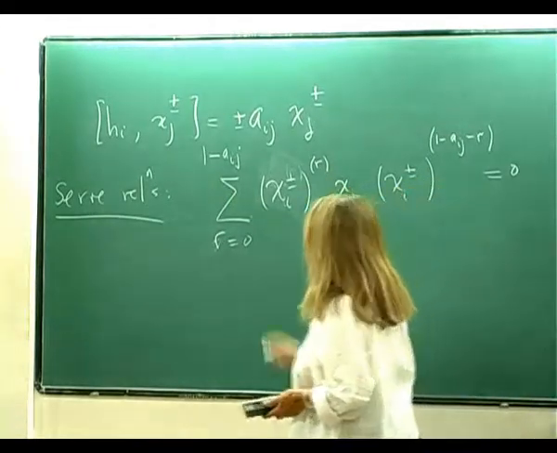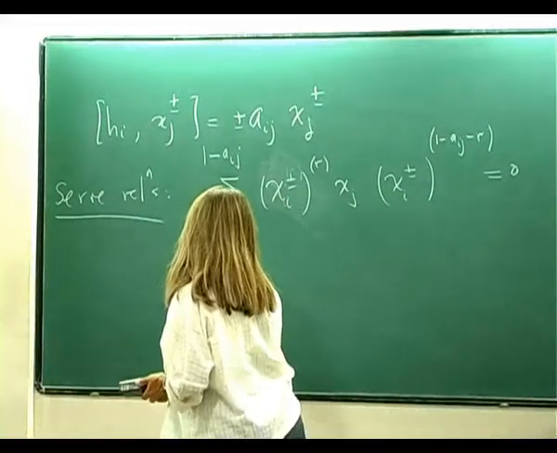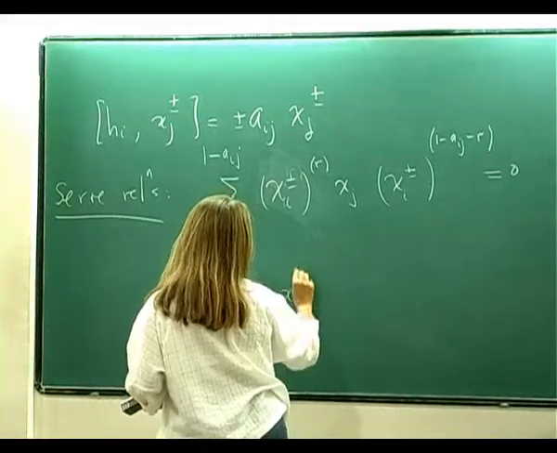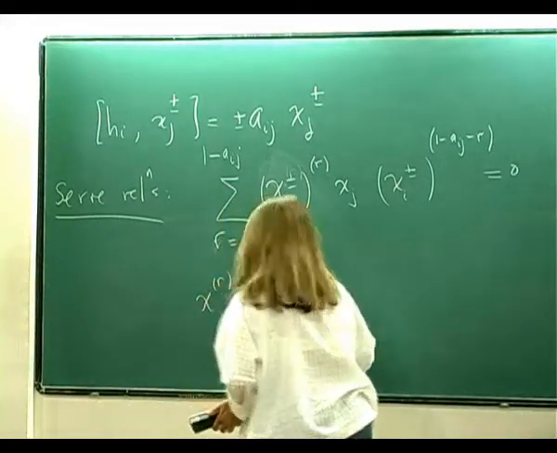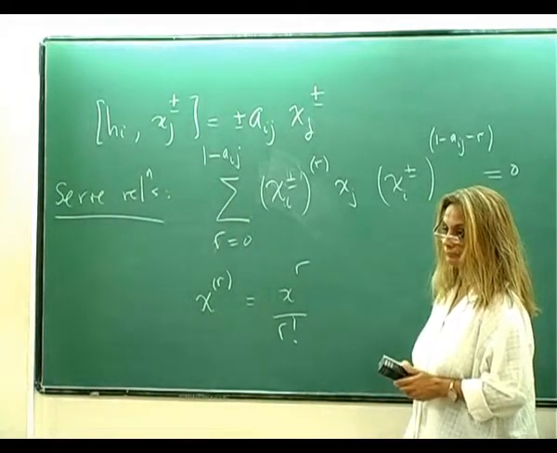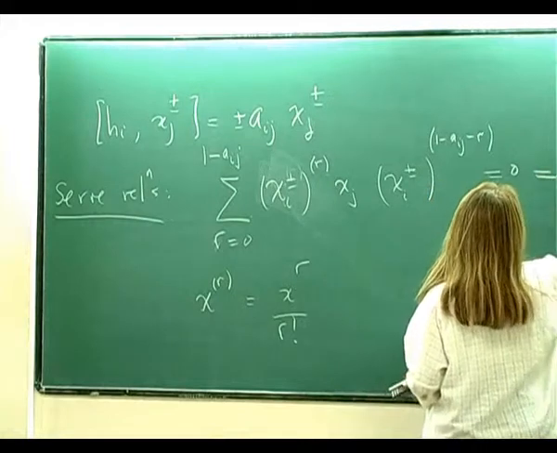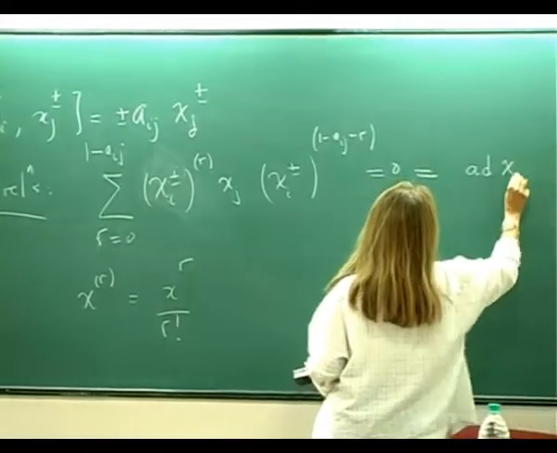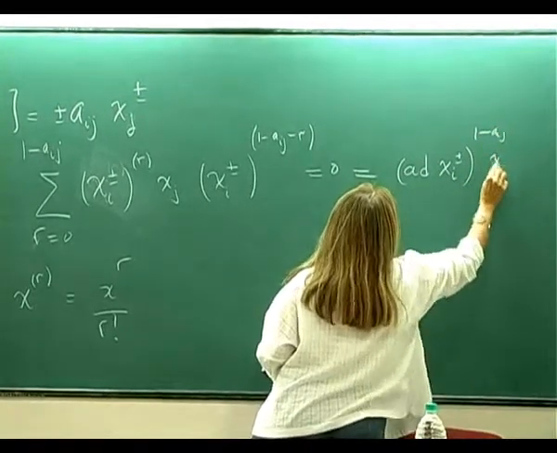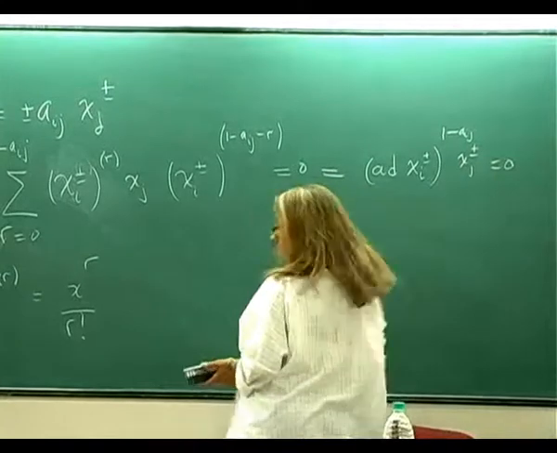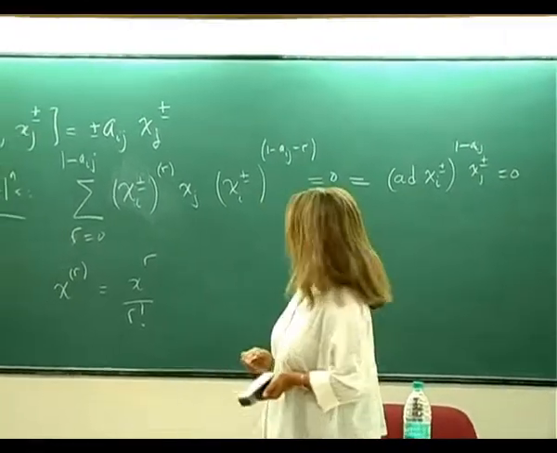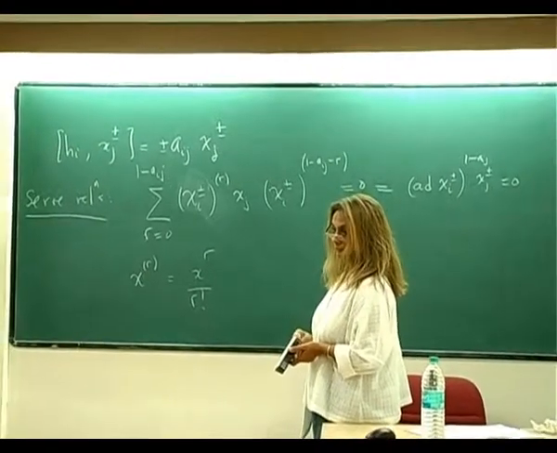And what does this mean? This is a notation. If you take an element x, x to the r means x to the r divided by r factorial. This is the same as saying the adjoint of xi plus or minus raised to 1 minus aij applied to xj plus or minus equals 0.